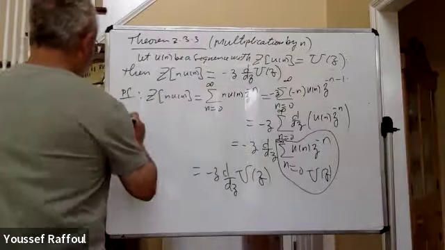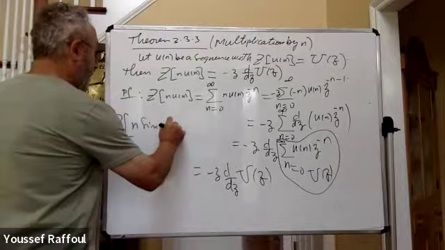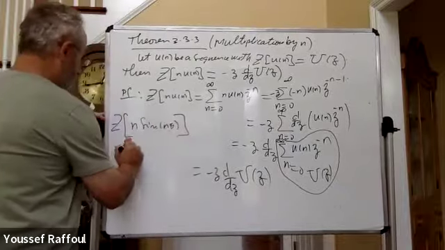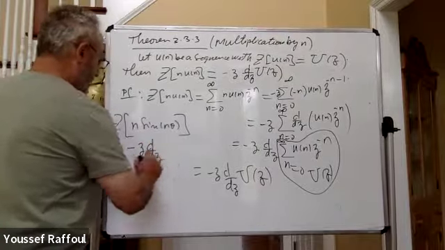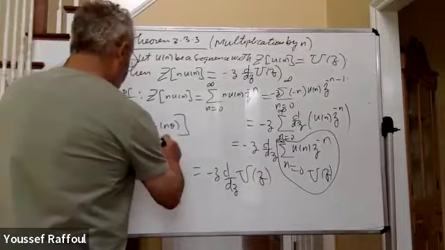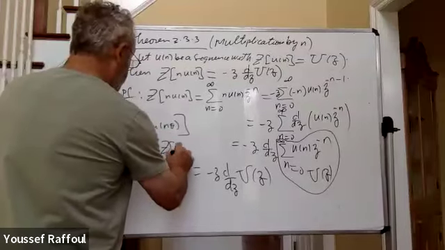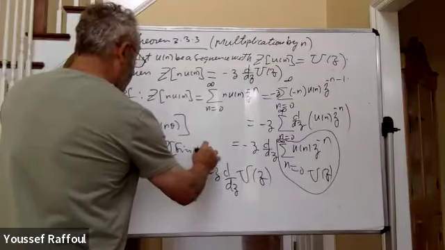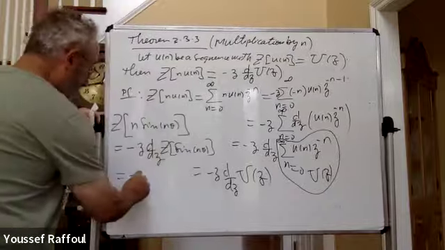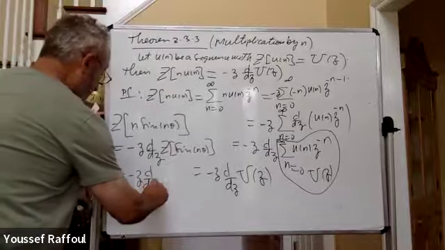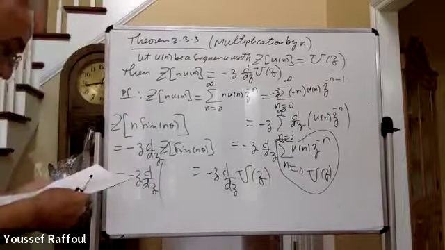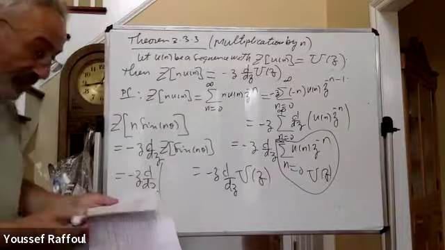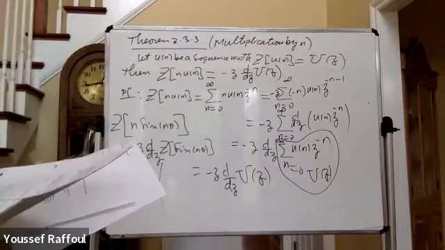So for example, if you want the Z transform of n sine n theta, that is minus z d/dz of U(z), or Z of sine n theta. What is the transform of the sine?